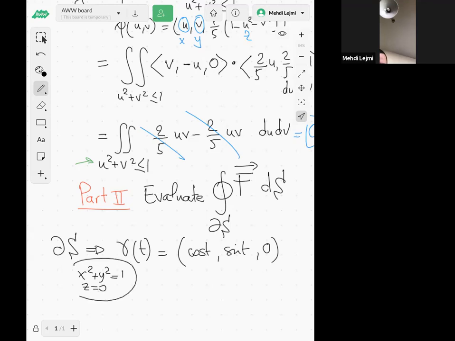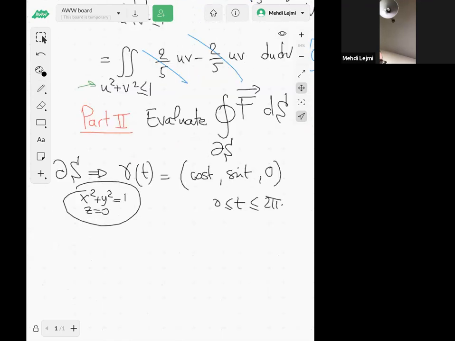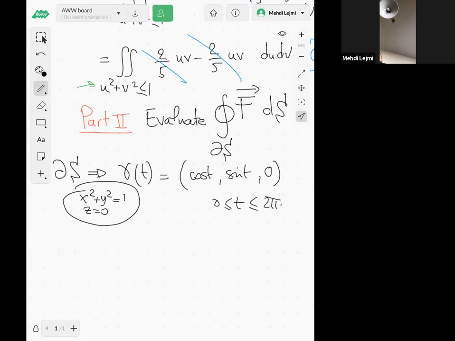That's my boundary, t between 0 and 2 pi. All right, and so gamma prime of t. So then my integral would be. What's F along gamma of t? F is xz. So z is 0.